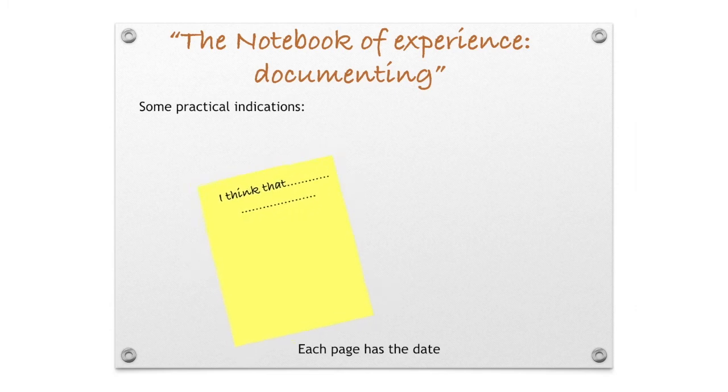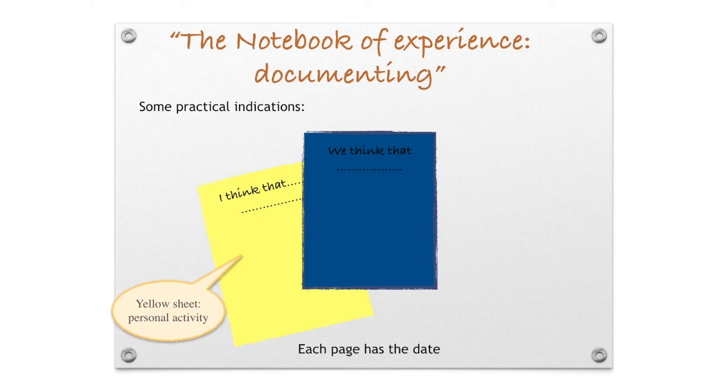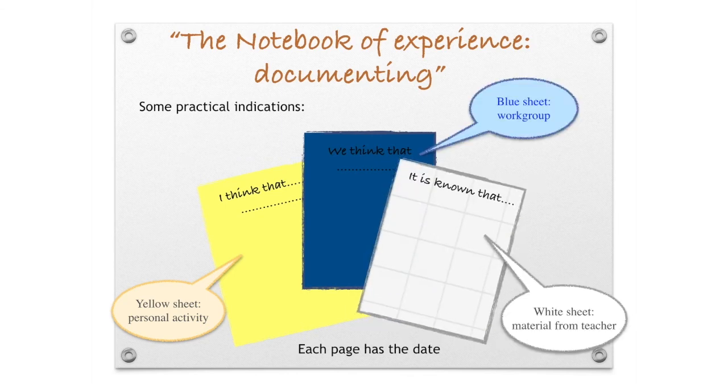In addition, it's useful to use yellow pages to report the personal activity of the students, blue pages to report the group work, and white pages for the material that the teacher provides to the students. In this way, the students can have a very clear idea about what they did by themselves, what they did in group, and which is the material from which the activity started.